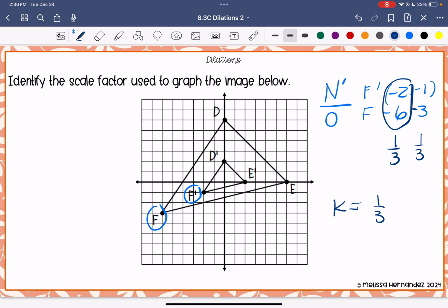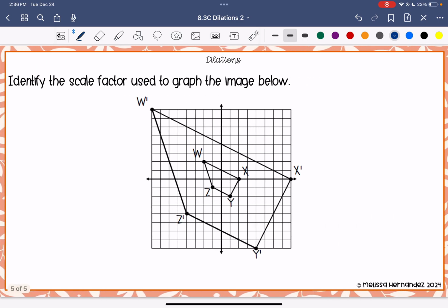All right, so let's do one more. And so in this case, it got bigger. When I say it, the image, and so we'll still write our formula, no. So let's see, I'm going to go with Z prime over Z. And you don't have to use X and Y, it's just preference. 1, 2, 3, 4.